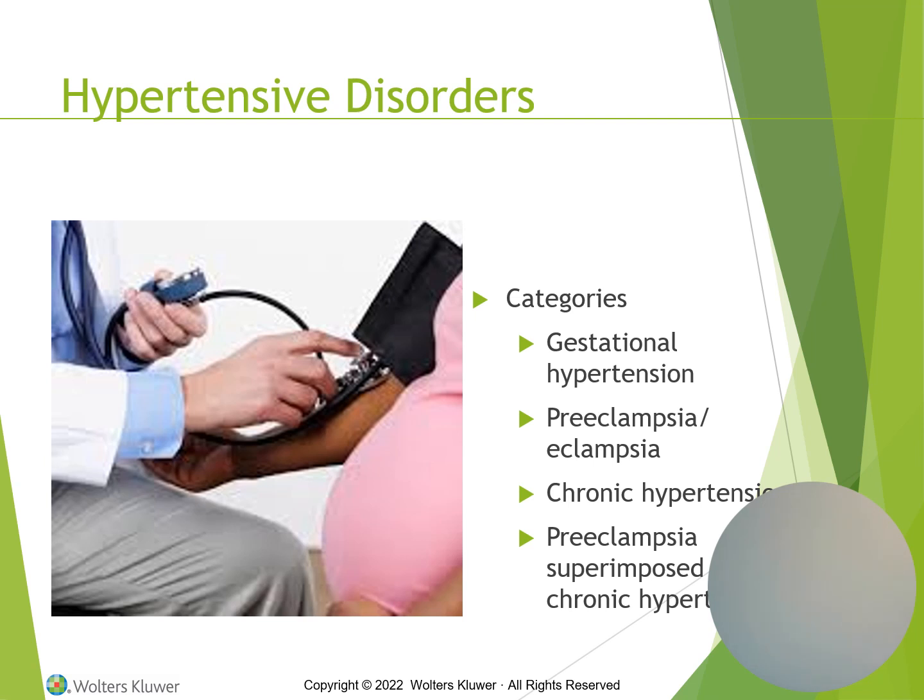Eclampsia is the exact same as preeclampsia, but now we have seizure activity or coma. These syndromes can develop gradually or appear suddenly without warning, with an unknown cause, but it only occurs in pregnancy.